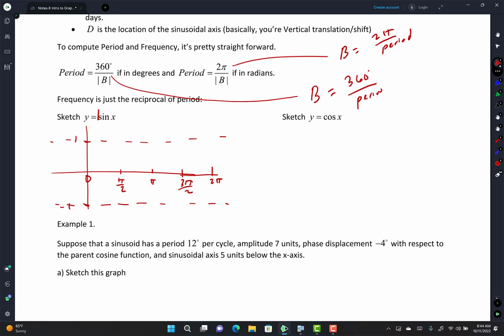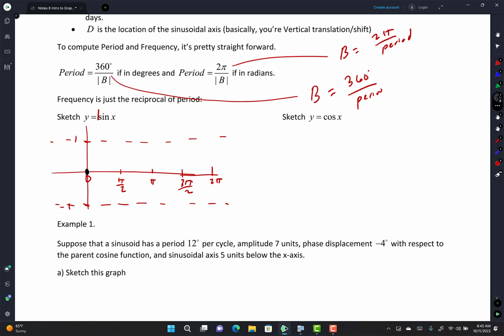What is sine of 0? Zero. Put a point at 0, 0. What is sine of pi over 2? Not everyone at the same time. Sine of pi over 2, guys. It's right on the y-axis. Oh, it's 2, I always forget there's 2.